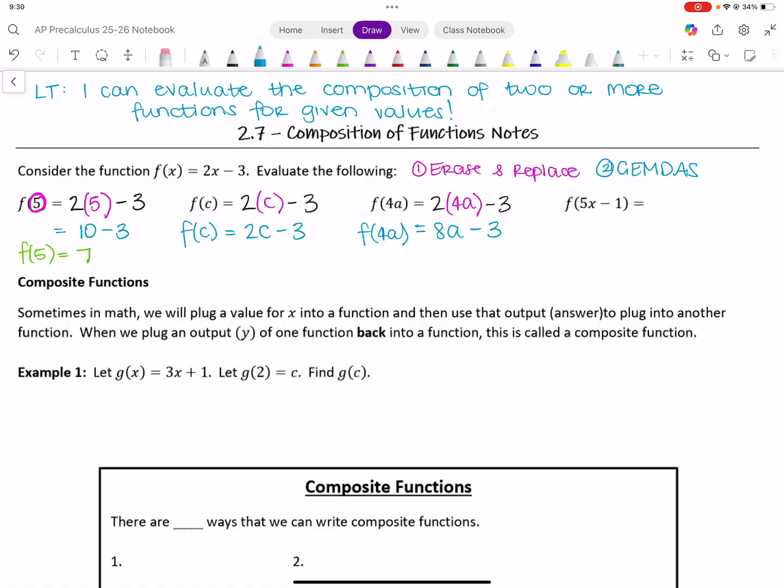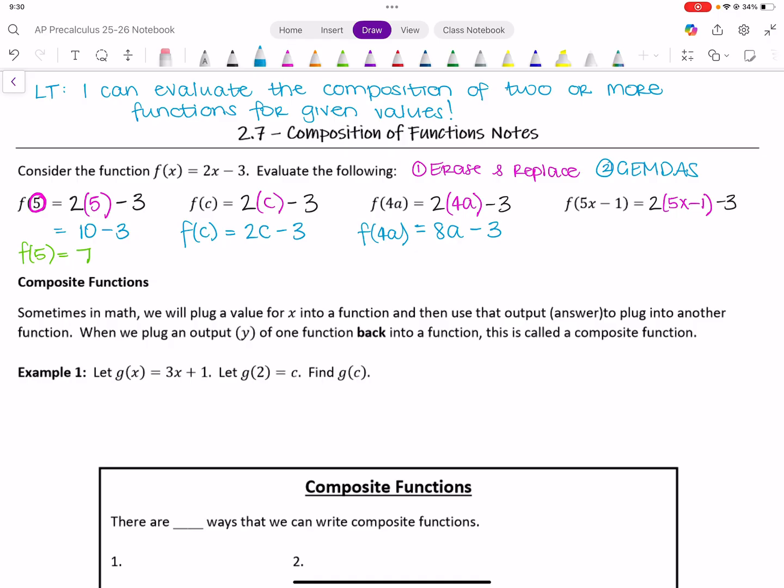Then, when we are replacing our variable with something other than a monomial, instead of just multiplying our terms, we're going to have to end up distributing. So we get 2 times 5x minus 1, minus 3.